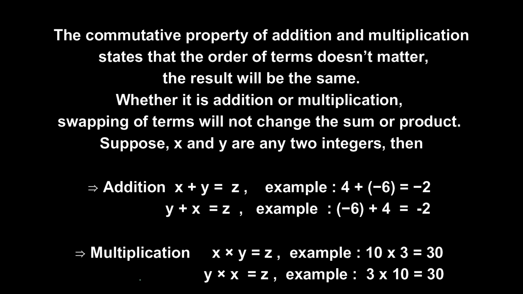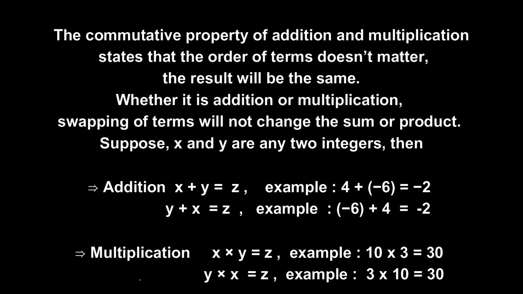But again we have to keep in mind that 6 is a bigger number, so we put the negative sign in the answer. So both answers are the same, which says that when we swap the numbers, the answer doesn't change. So that's why the commutative property is applicable to addition.